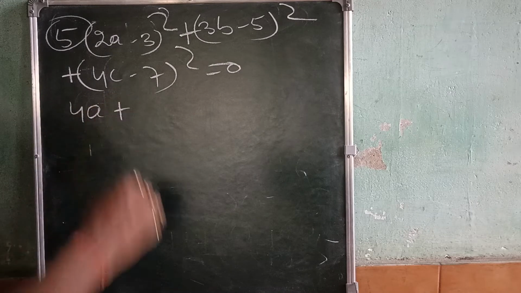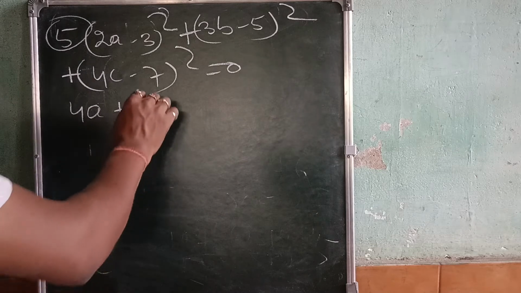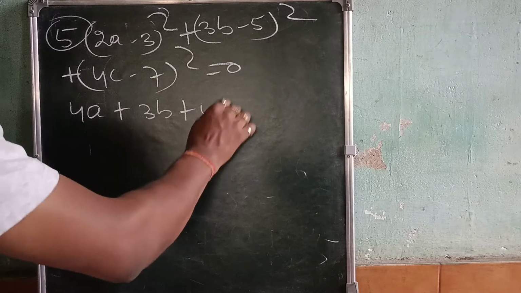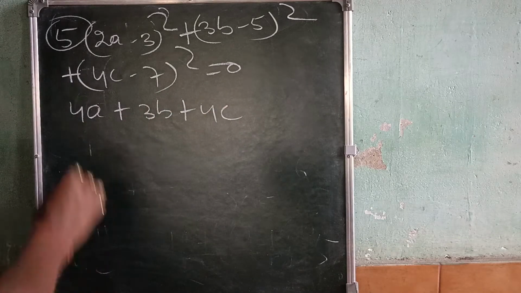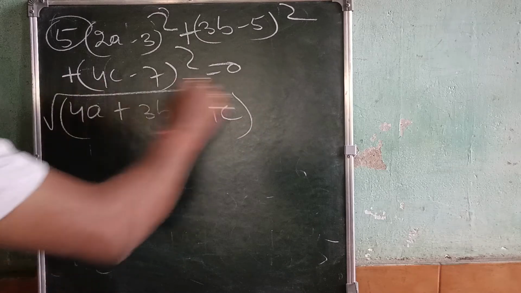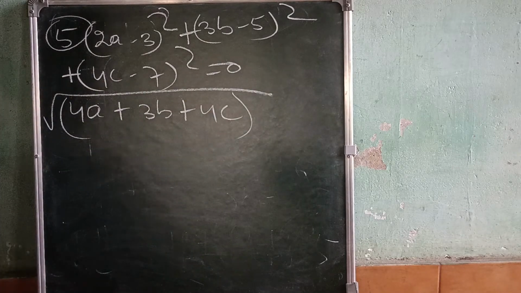Our requiring part is the root of 4a plus 3b plus 4c. How much is the root of 4a plus 3b plus 4c?